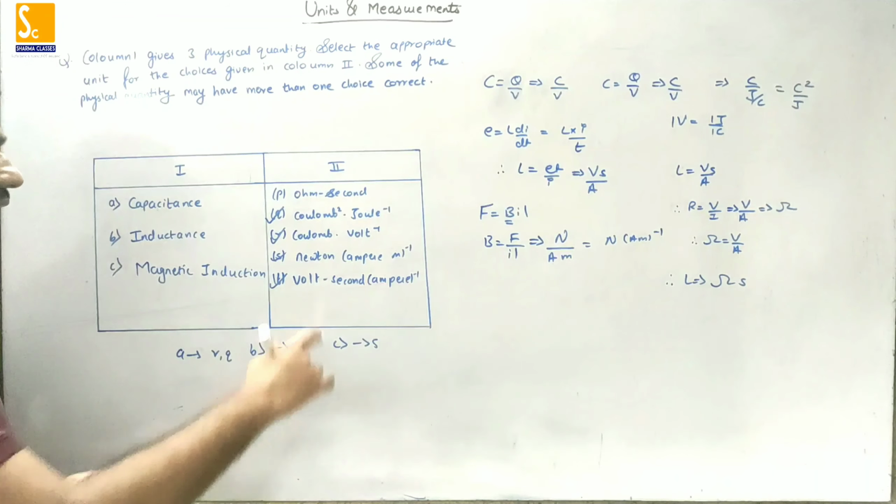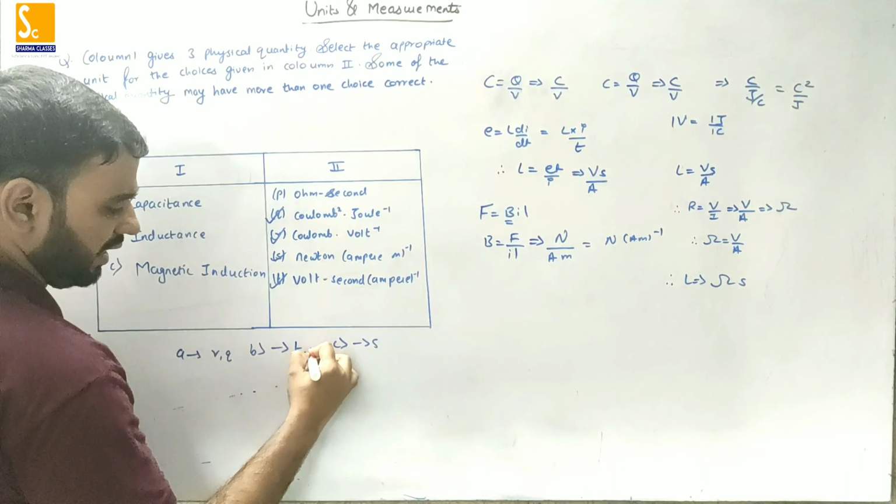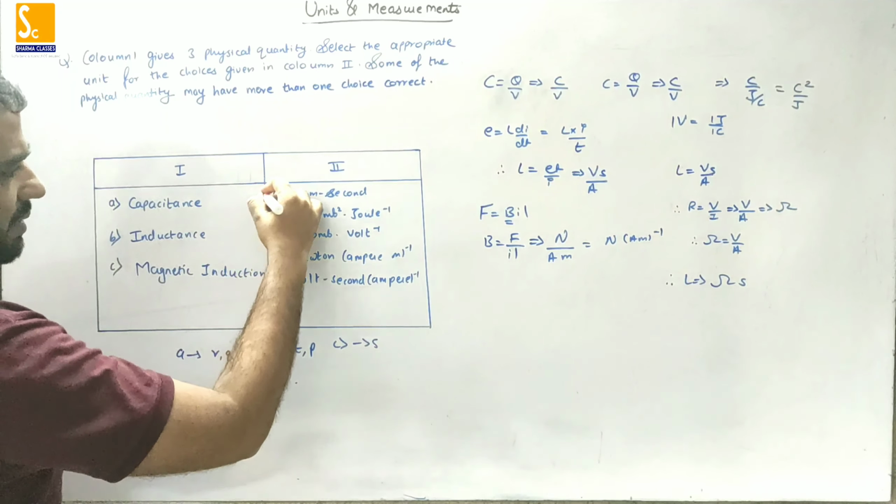So we see ohm second is there. So the option for inductance will be P.